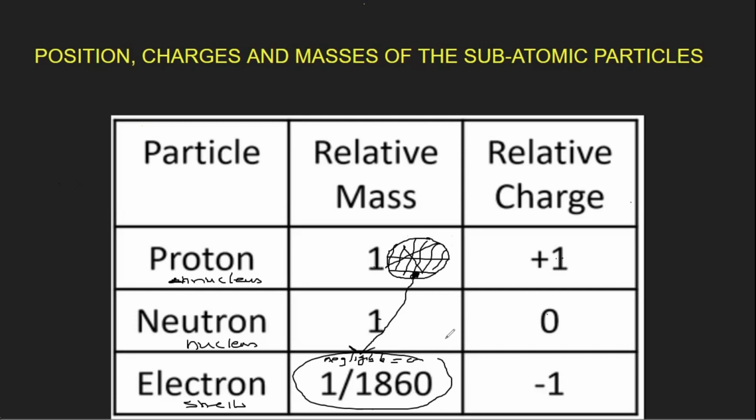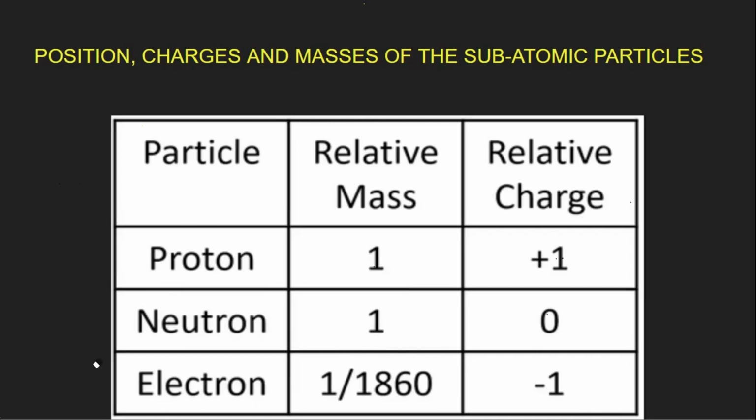The atom itself is invisible, and the subatomic particles are also invisible. So we say that 1 by 1860 is negligible, or simply 0.